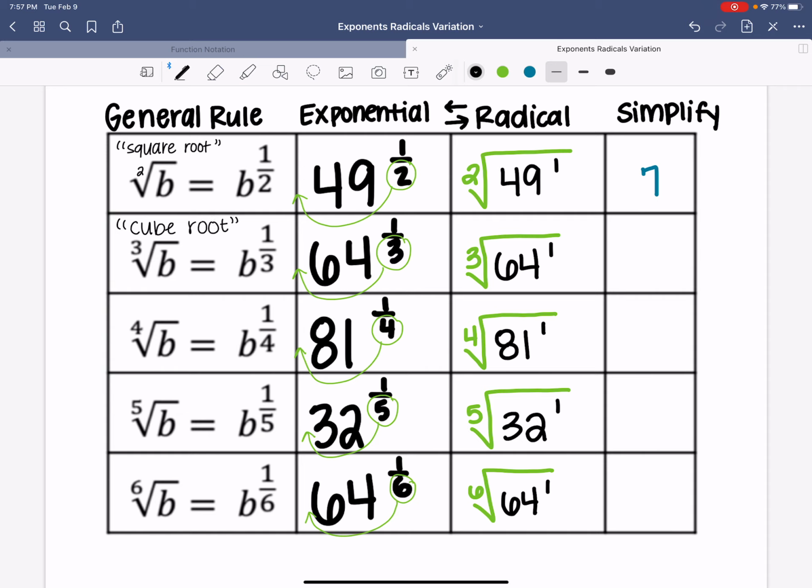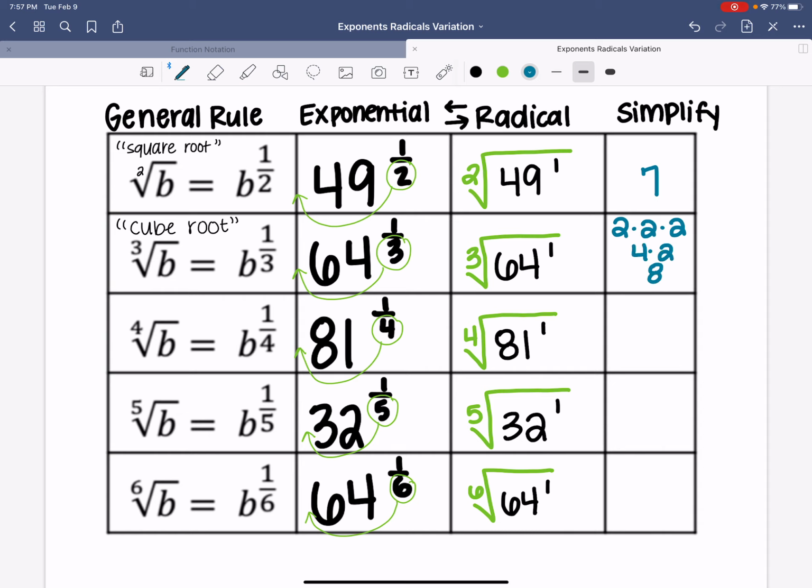But the cube root of 64 means what number times itself 3 times will give me 64. Well, you can test this out. So let's just test the number 2, right? If I did 2 times 2 times 2, that gives me 4 times 2, which is 8.